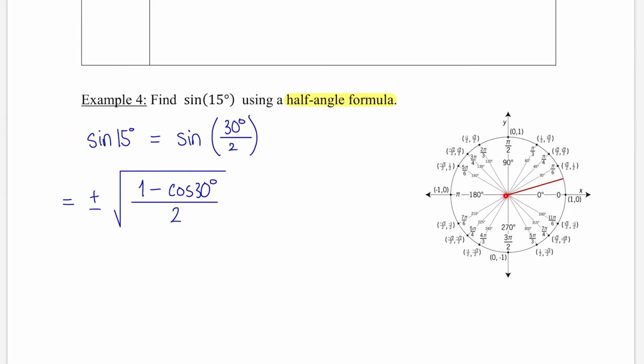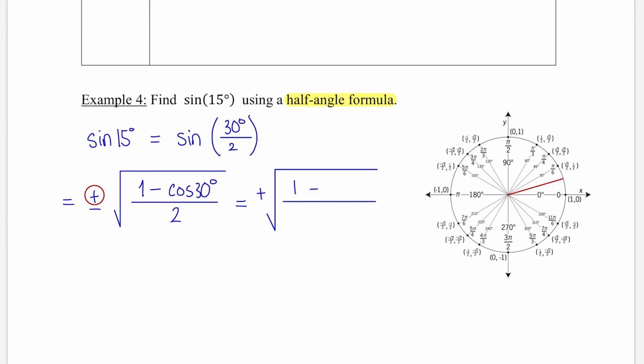So sine of 15 degree, sine in the first quadrant is positive. So in this case, my correct sign is positive. That means I can just ignore the negative sign. So from here, my answer is positive. You don't have to write out the positive sign here. I just want to emphasize that so you can see.